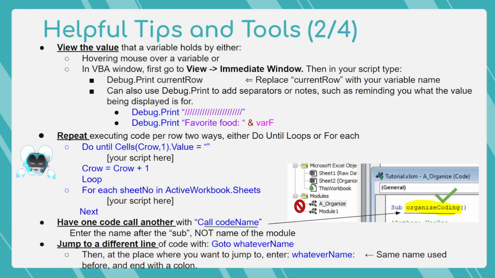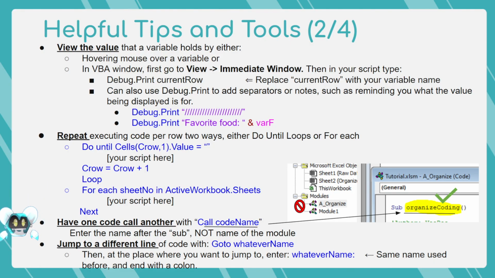You can repeat coding for multiple rows or sheets. So I use do until loop to repeat coding for multiple rows, and I've used for each next to repeat coding for multiple sheets.